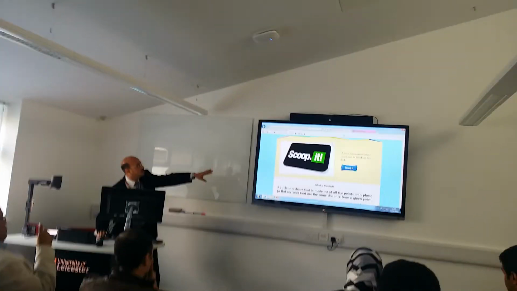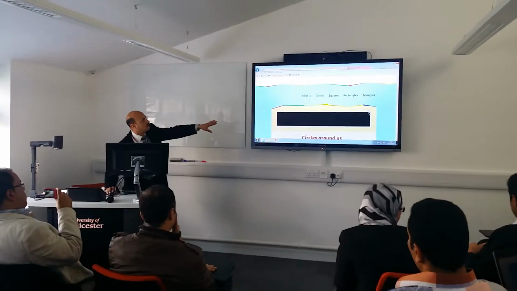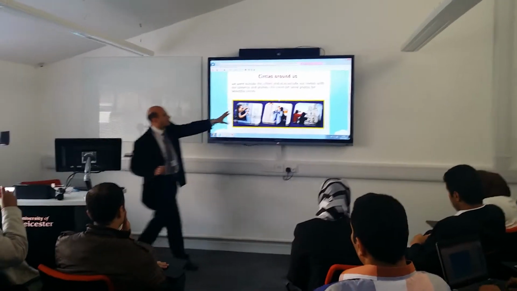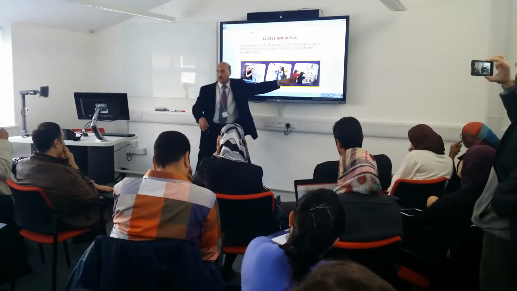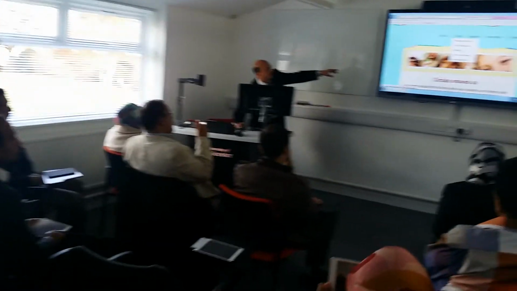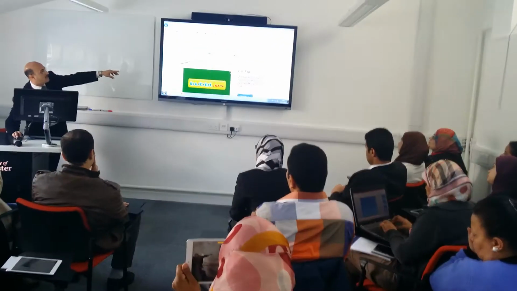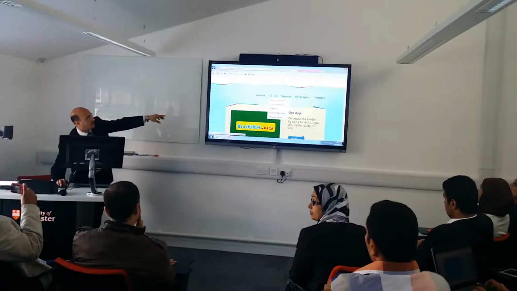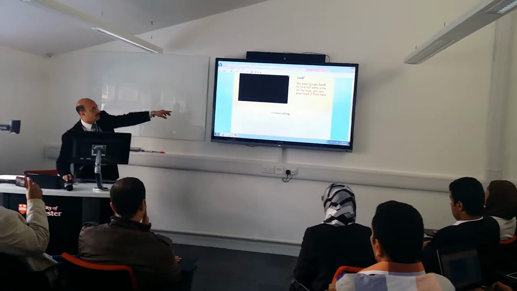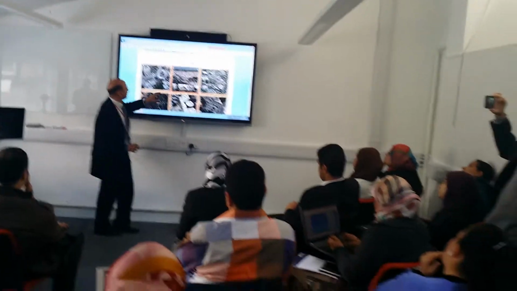The second one is the circle around us. The students will go around the class or around the home and take photos of objects or things that have circles. Finally, here are the photos of the groups, and here the Bubbl.us map, circles, and here, on the map, they use Google Earth to find places that have circle shapes.